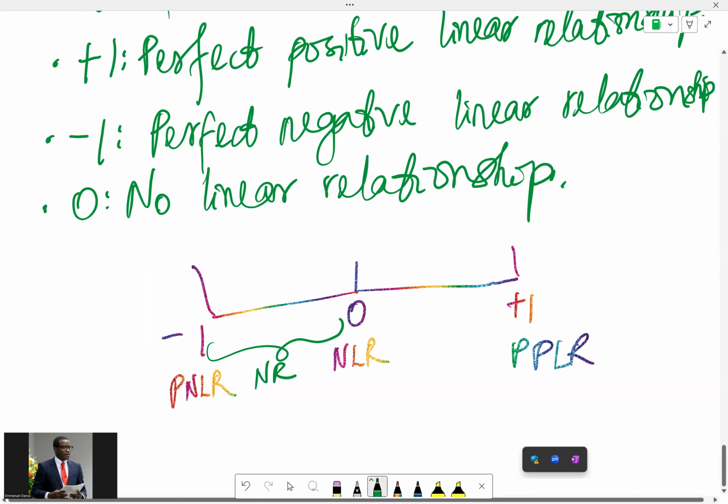At 0, there's no relationship, but as it gets closer to the left, negative relationship is getting stronger and stronger. In this direction, it's neutral at 0, but as it gets closer and closer to +1, you have a positive relationship. So you have negative linear relationship here, and it's increasing as it goes from 0 towards -1. And then you have the positive linear relationship, which gets stronger and stronger as you move from 0 towards +1.